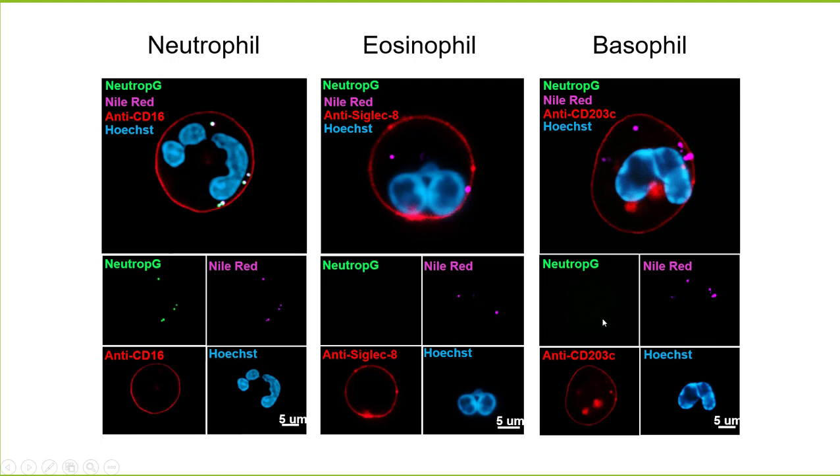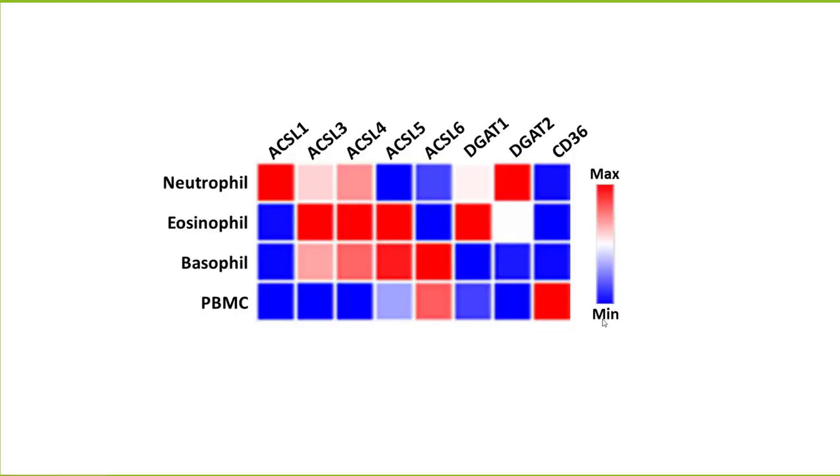So we thought maybe the biochemical synthesis pathway to make lipid droplets may be different, and we checked the expression levels of the key enzymes in these metabolic pathways. Neutrophils have high expression of ACSL1 and DGAT2 compared to other cells, right?